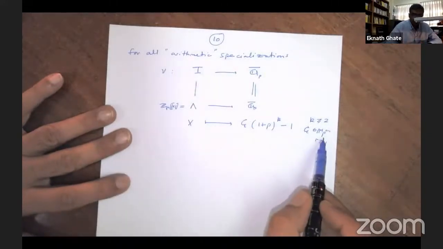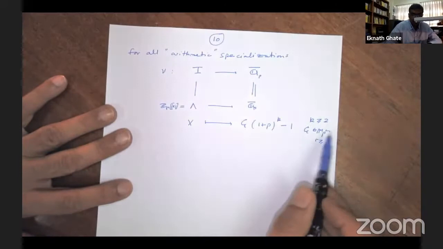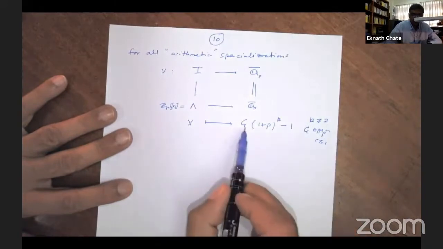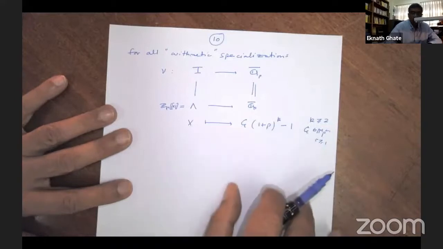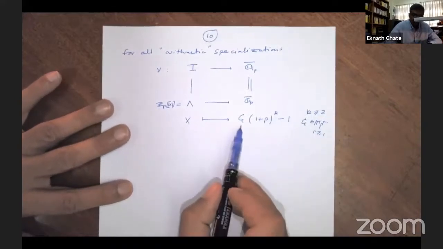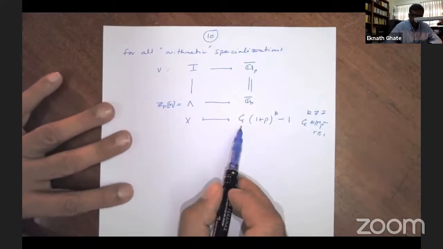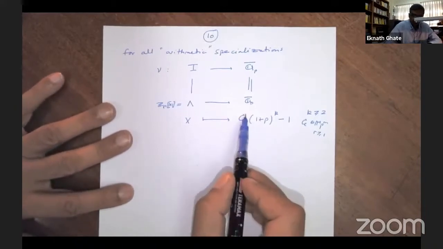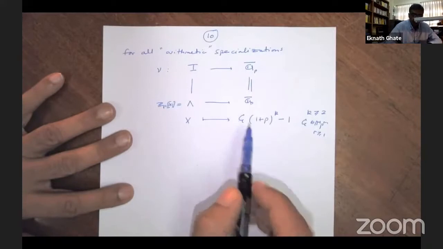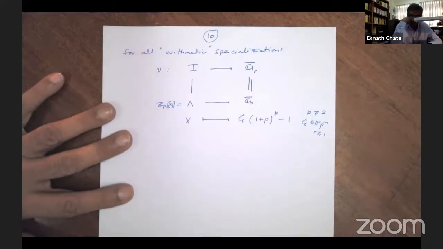You could also take a p power root of unity with this appropriate normalization and pre-multiply your 1 plus p to the k by zeta. Now, if you've done a little bit of algebraic number theory, and even if you haven't, if you just think about it a little bit, these roots of unity are actually congruent to 1 modulo p. Okay, so think about that. That's a nice exercise with cyclotomic polynomials maybe.